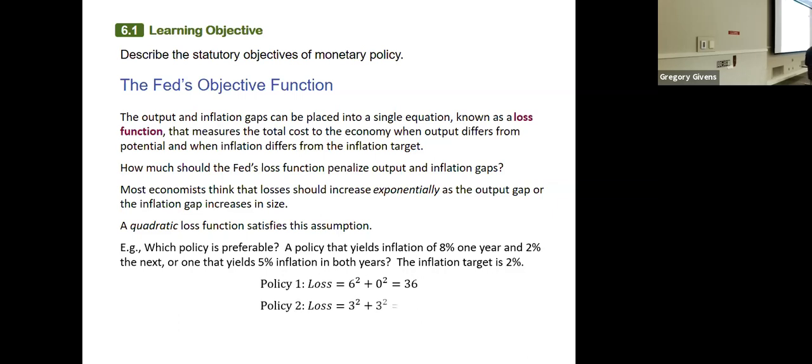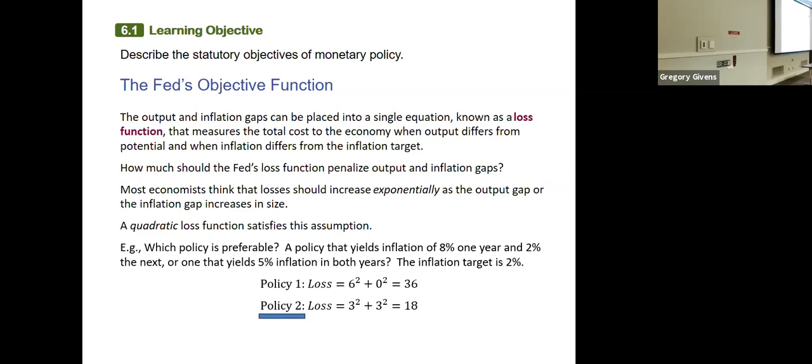What's loss under policy 2? Well, the inflation gap there is 3 percentage points in both years. That is 5% inflation minus the 2% inflation target. 3 squared plus 3 squared just gives us 18. Again, policy 2 is more desirable. Why? Because losses increase exponentially with the size of the inflation gap, even though both policies have the same average inflation gap, 3% a year.